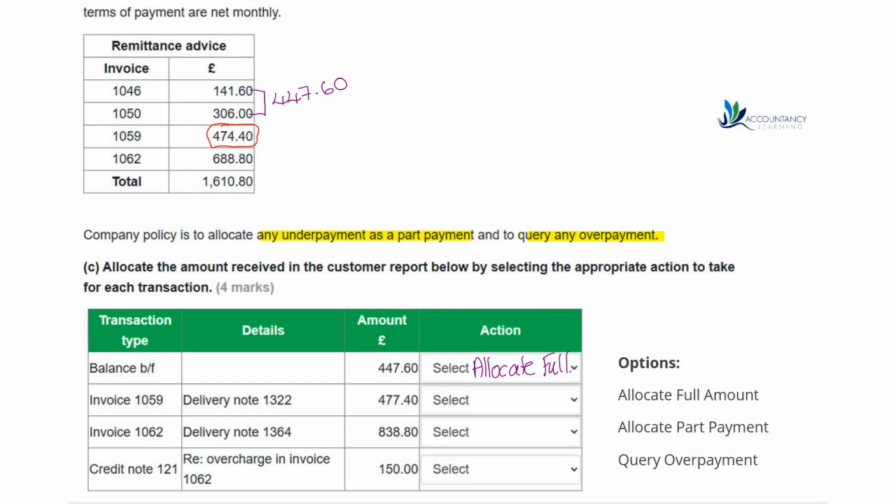So if we then take 838.50 and we take off the credit note that relates to it, so we've got the overcharge for this invoice here, so these relate. That gives us the 688.80. So that is for this amount here. So we can then allocate in full both of these.